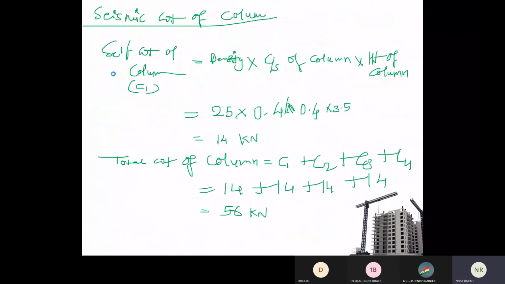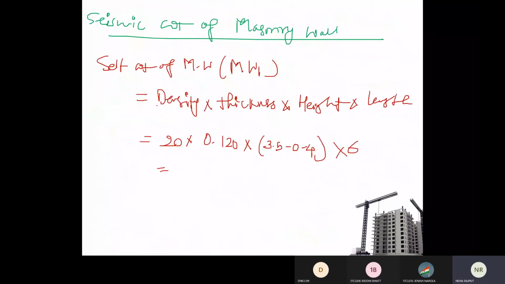રાઈટ. ચલો, what is this? કેટલું આવે છે સેલ્ફ વેઇટ ઓફ મેસનરી વોલ? થોડું ફટાફટ આન્સર આપો, કારણ કે આ રિપીટ કરું છું, મારે એકચ્યુઅલી આ નથી સમજાવવાનું. 44.64. હા, 44.64. This is for one wall.